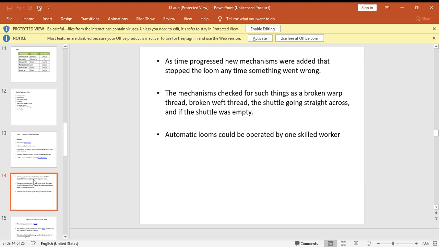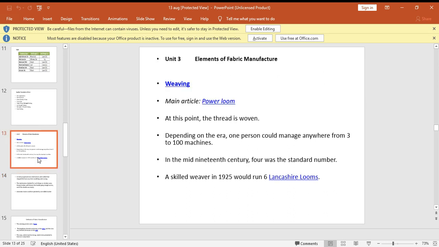As time progressed, new mechanisms were added that stopped the loom any time something went wrong. The mechanism checked for such things as a broken warp thread, broken weft thread, the shuttle going straight across, and if the shuttle was empty. Automatic looms could be operated by one skilled worker. In the further topics, we are going to learn what is weft, what is warp, and what is shuttle. So this is about the introduction of weaving.